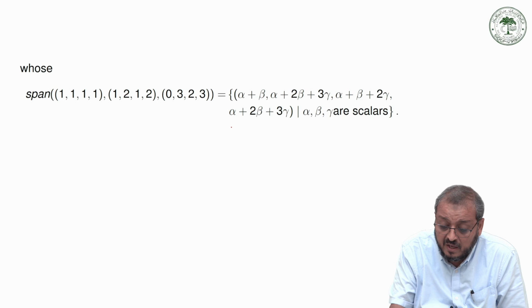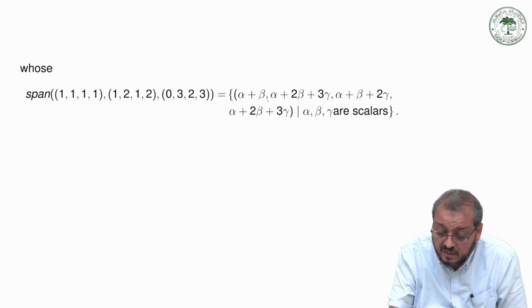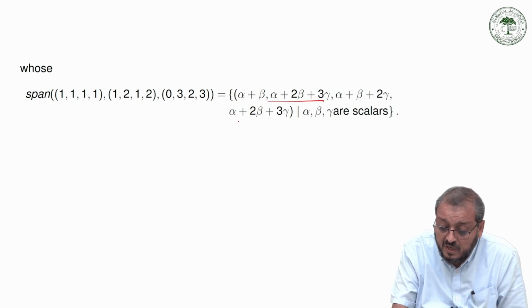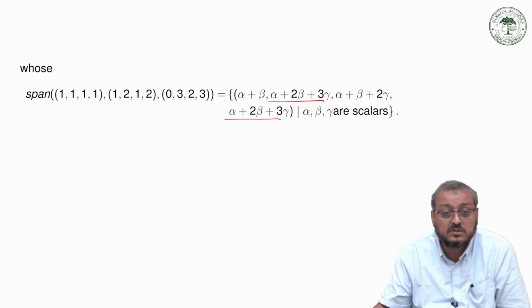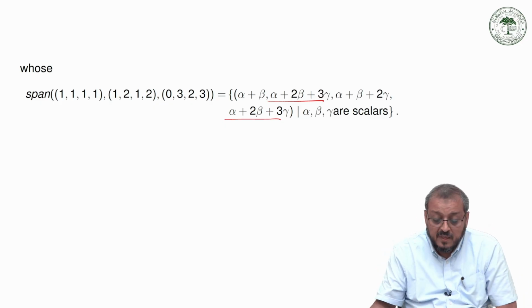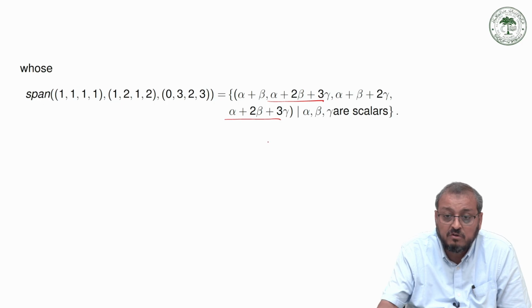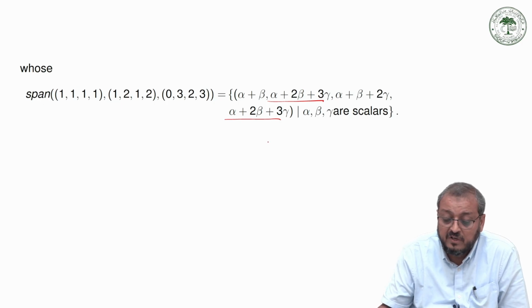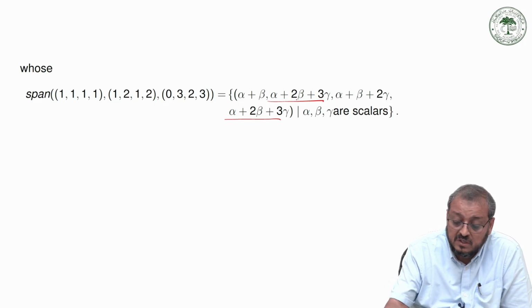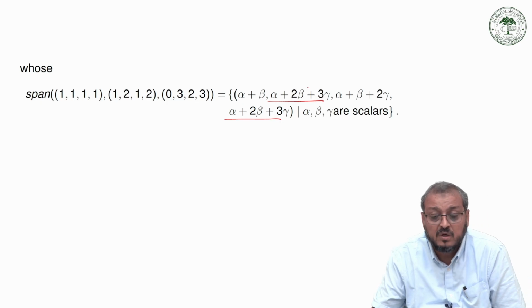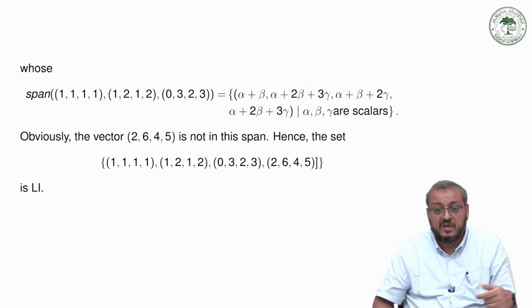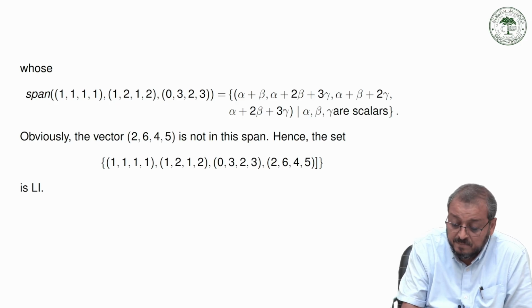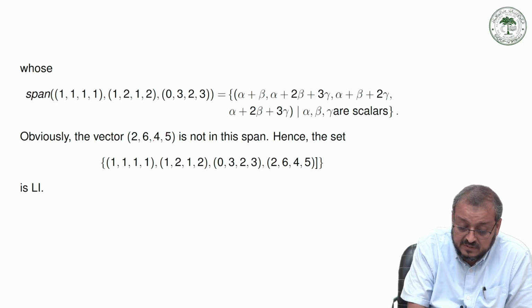Now you see that the second and fourth elements are the same in these vectors. If the second and fourth elements are the same, then we can choose any element which contradicts these two positions.